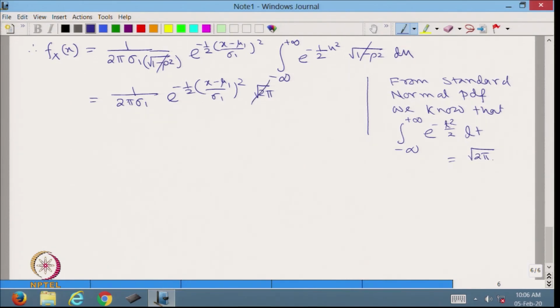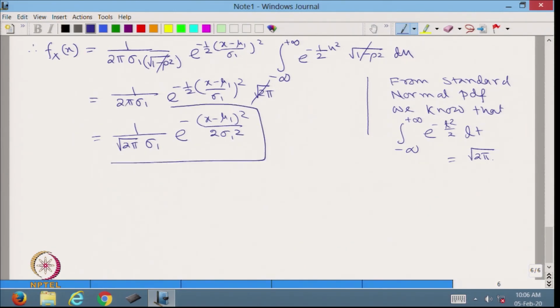So, we cancel it with this, and therefore, this is coming out to be 1 over root over 2 pi sigma 1 e to the power minus x minus mu 1 whole square upon 2 sigma 1 square. This is the PDF of normal with mean mu 1 and variance sigma 1 square.